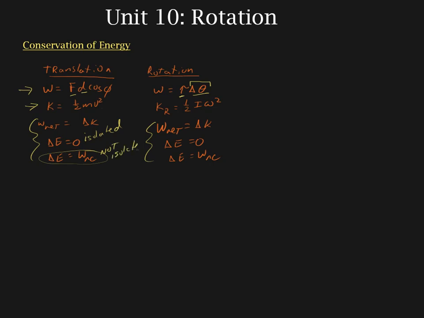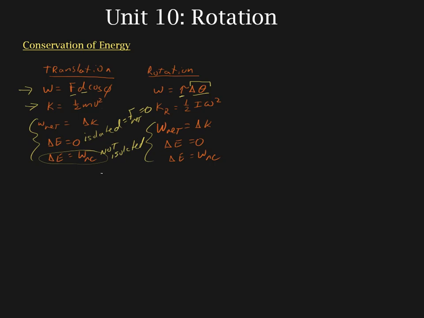And if you don't remember what exactly that means, whenever it's isolated, we could say that F net is equal to 0. And whenever it's not isolated, then F net is no longer equal to 0. In other words, the center of mass of the system, that's the important part, the center of mass of the system is going to accelerate if the system is not isolated.